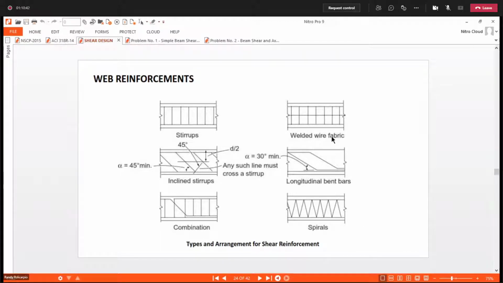Other web reinforcement, you may use welded wire fabric. So that is also possible. So these are the possible arrangements of our shear reinforcement.